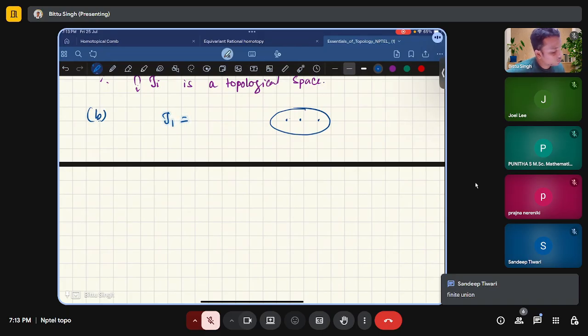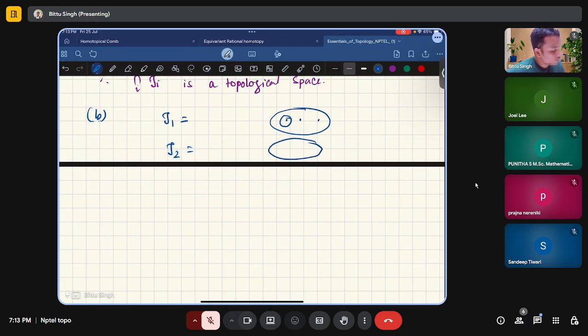So I am taking this one as tau 1, and I am taking another topology. Let me denote the points by A, B, C. Then X is again the same set {A, B, C}, with 3 points.